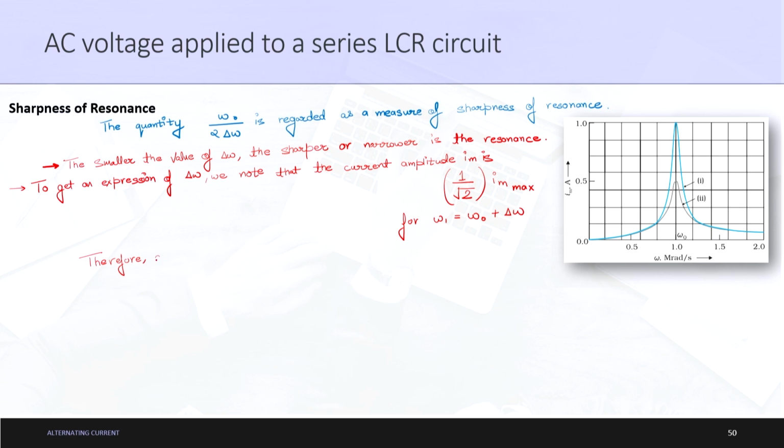Therefore, we can write that at omega 1, what is the value of I m? I m is equal to V m upon root over r square plus x c minus x l whole square. Try to understand this very clearly, because now a lot of mathematics is involved here.